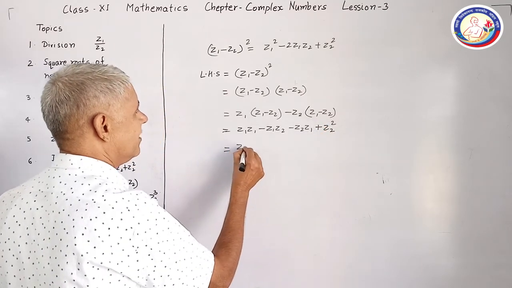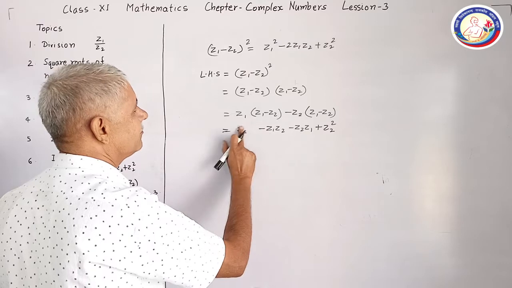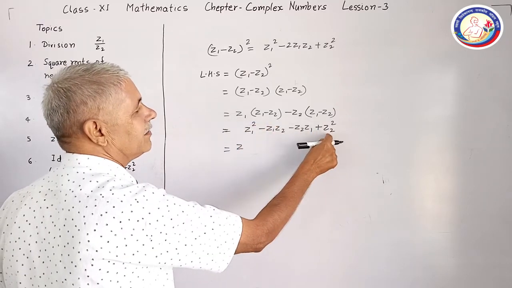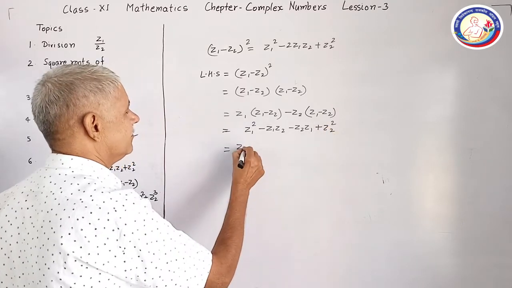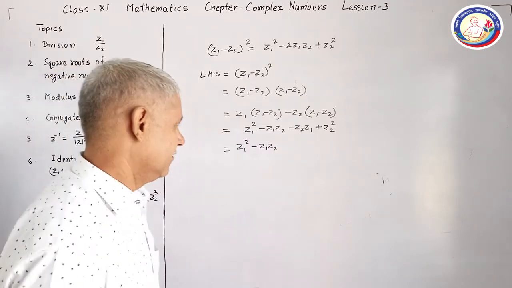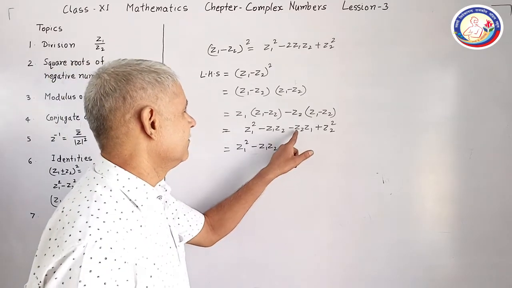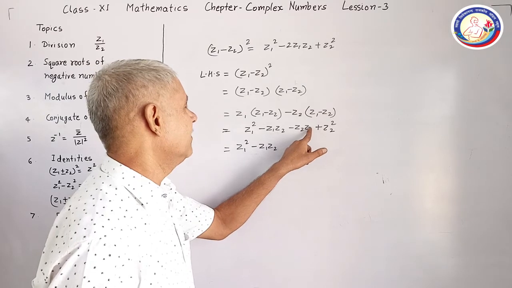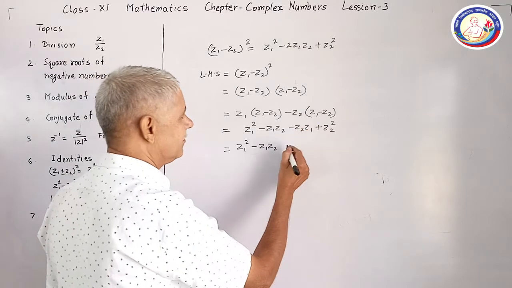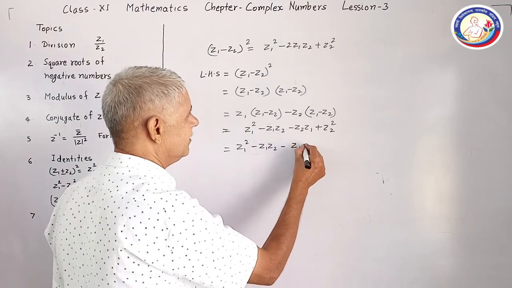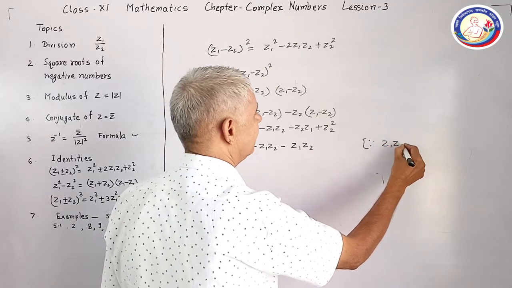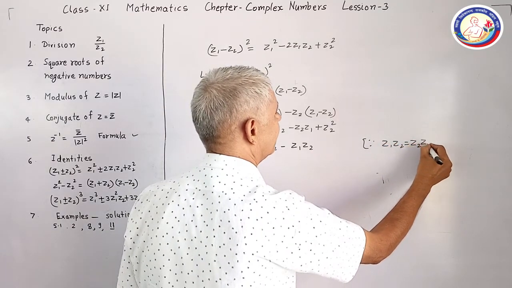So z1 square, z2 square, z1 square minus z1 z2, and multiplication of complex numbers is commutative. So we can replace this by minus z1 into z2, because z1 into z2 is equal to z2 into z1.